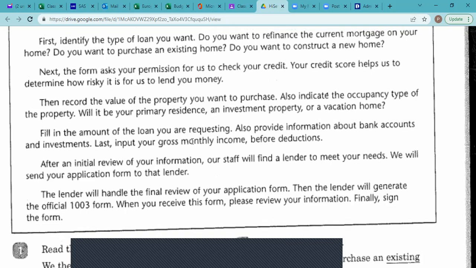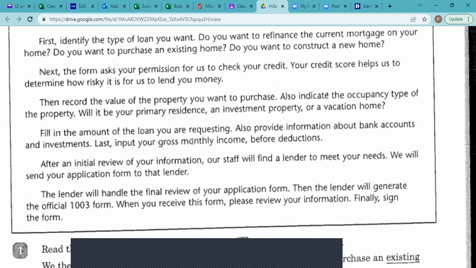Next, the form asks your permission for us to check your credit. Your credit score helps us to determine how risky it is for us to lend you money, okay? Then record the value of the property you want to purchase.